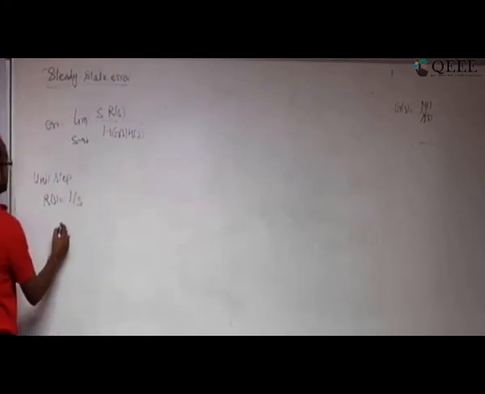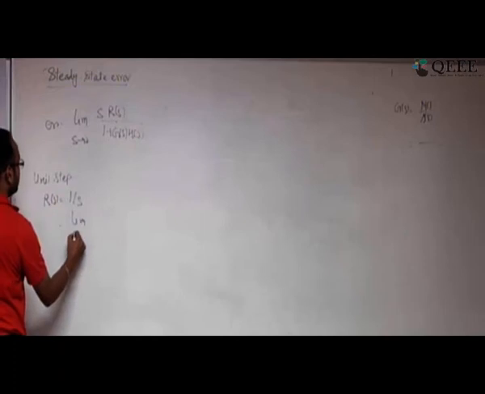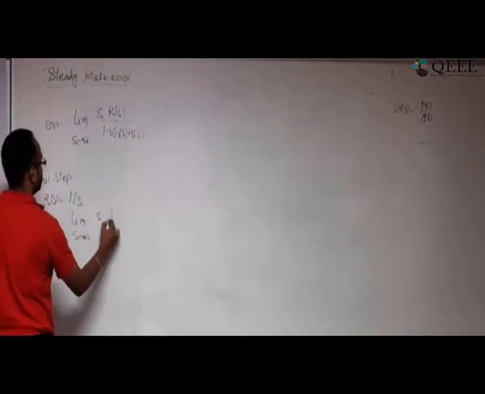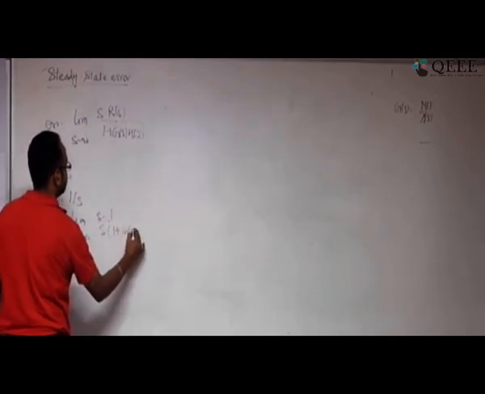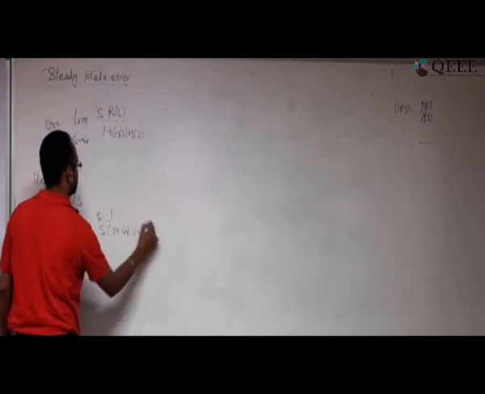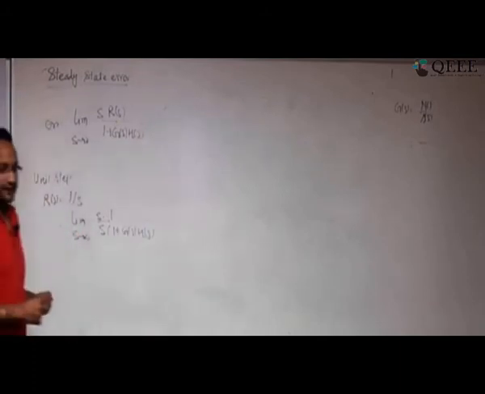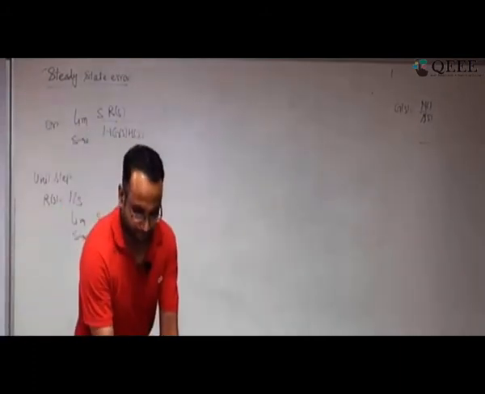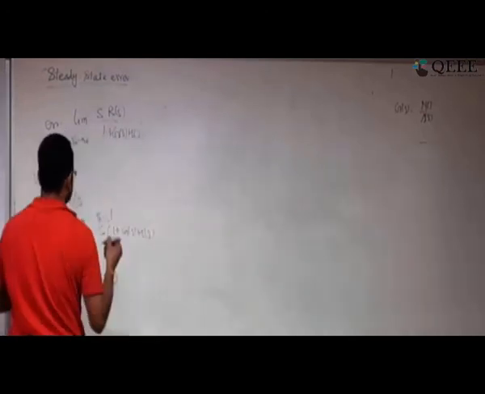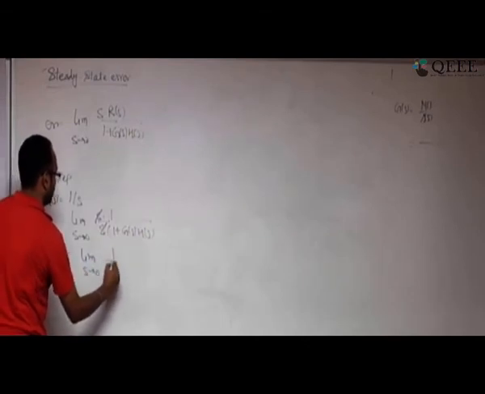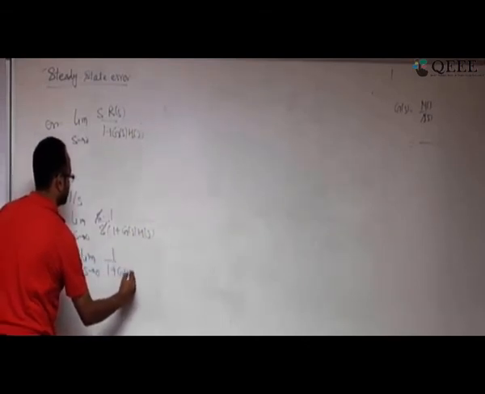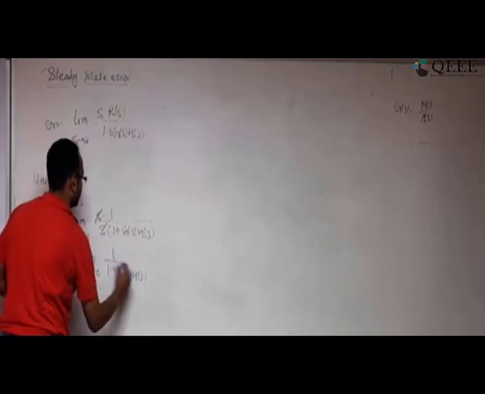In that case, your steady state error is going to be limit S tends to 0, S times 1 by S, upon 1 plus E of S, H of S. So this S will get cancelled out, and this is going to be limit S tends to 0, 1 by 1 plus E of S, H of S.